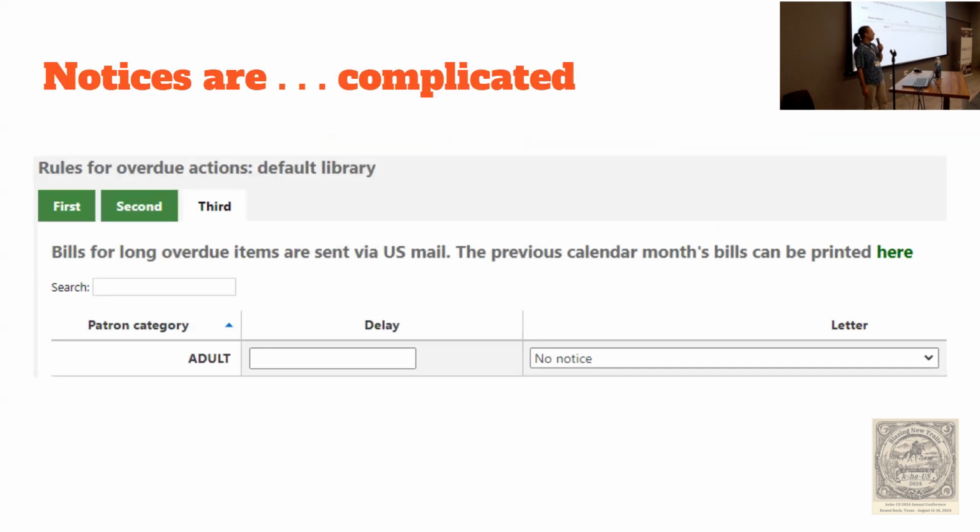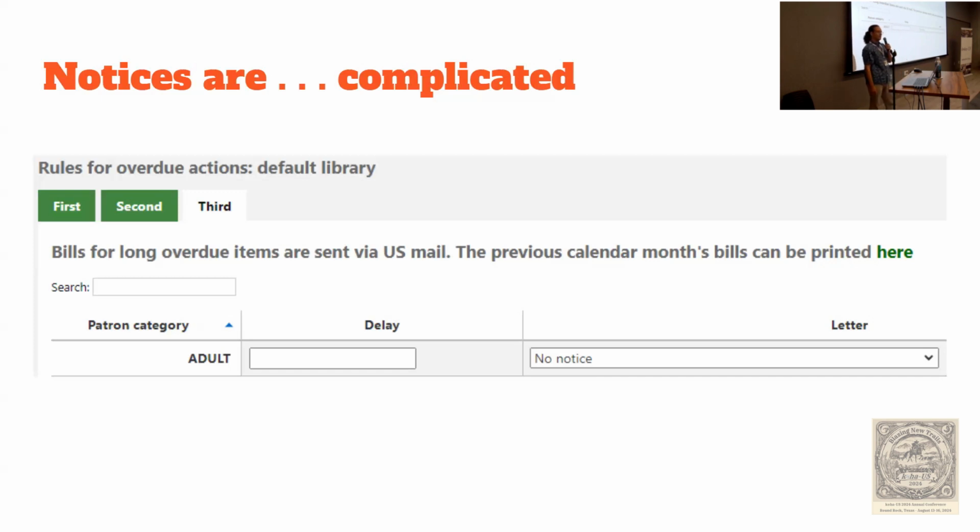We have here what you might recognize as the overdue notice and status triggers page of Koha. Some years ago, I was training libraries on Koha for Bywater, and the third overdue notice trigger was one of those weird little swamps that I was never excited to get to in training.